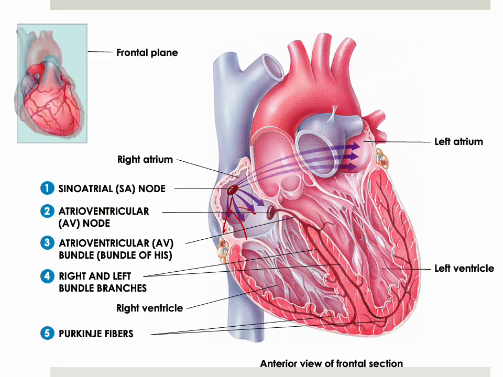So they just try to do their best, but not as efficient, okay? So first, SA node, second, AV node, third, AV bundle or bundle of His, then the branches, and then the Purkinje fibers, okay? This is called intrinsic conduction of the heart, okay?